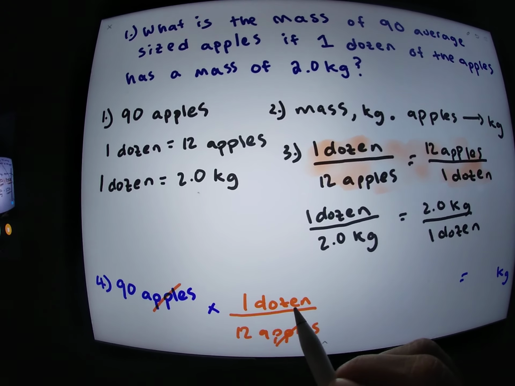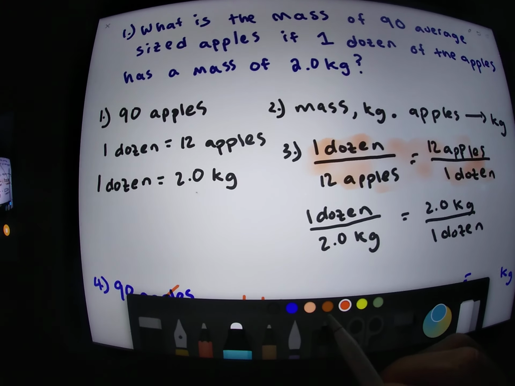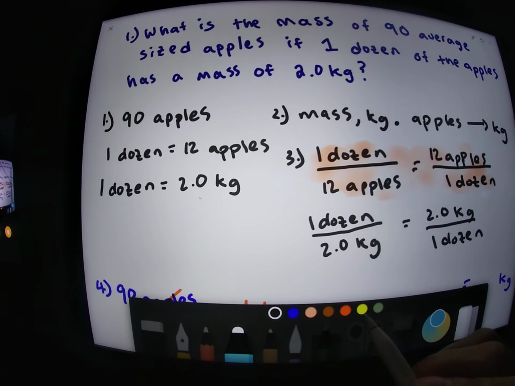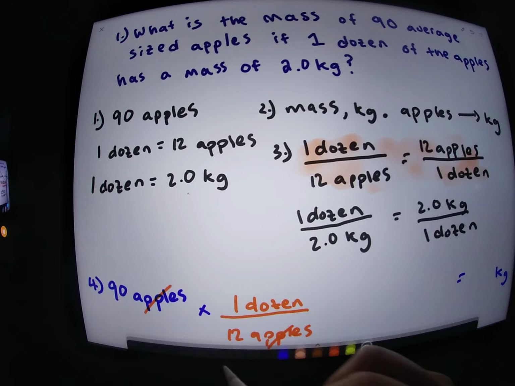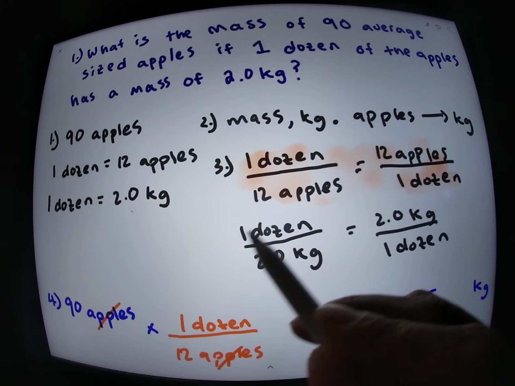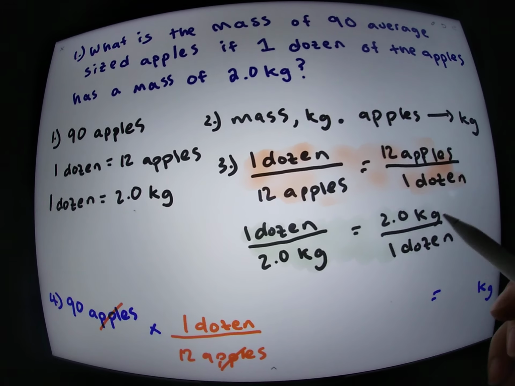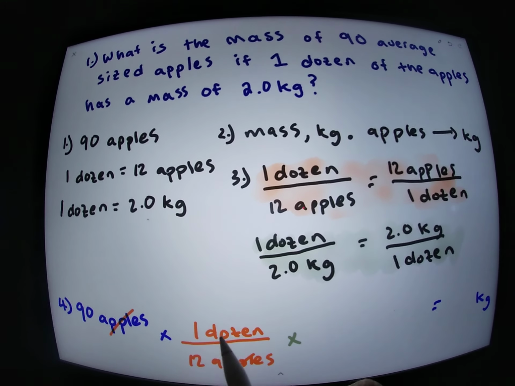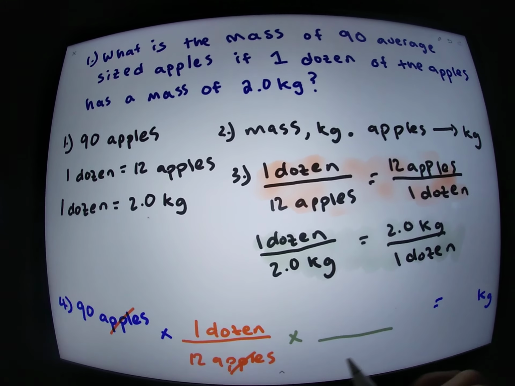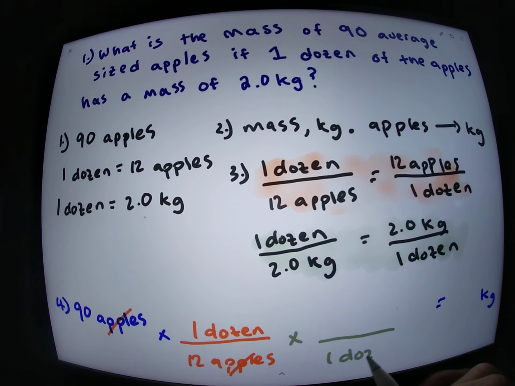So now we want to convert our dozens to kilograms. That means that we're going to use one of these. Dozens is on top here, so we want it at the bottom over here. 1 dozen.